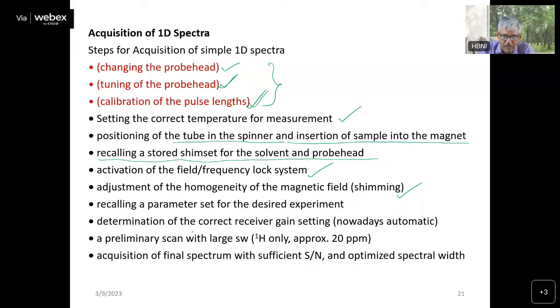Then the determination of the receiver gain can be done automatically. You give a command and the computer will decide what the receiver gain should be. Then you take a preliminary scan with a large spectral window, let us say 20 ppm or 30 ppm, and see how far your peaks extend, and then you decide your final spectrum, with sufficient signal to noise ratio and optimized spectral width.